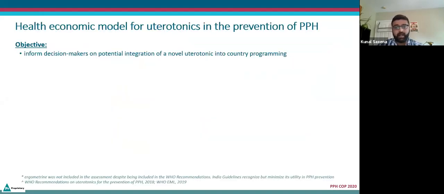So now we're going to be looking at the specifics of this analysis. So the objective again for this analysis is to inform decision makers on potential integration of a novel uterotonic into country programming.